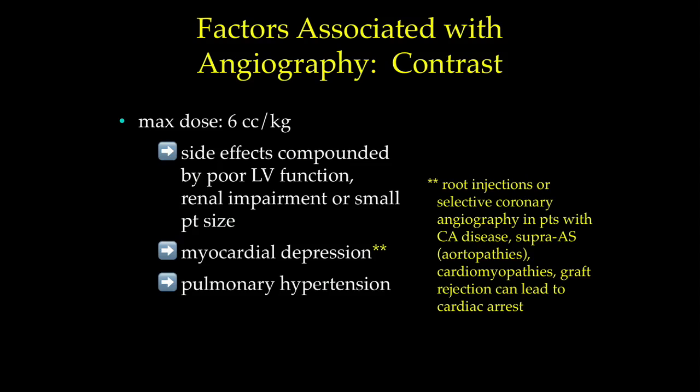Also in a post-transplant patient, if we do coronary angiography and that patient is rejecting, and we don't know it because we don't have the biopsy results yet, you can see an arrest in that population. So it does cause myocardial depression. It might just be because the contrast isn't carrying oxygen. If you infuse contrast over a long period of time and interrupt the delivery of oxygen through the coronary arteries to the myocardium, you can get significant ischemia.